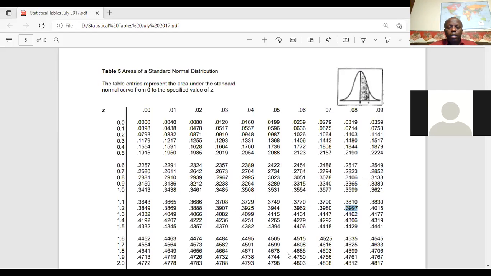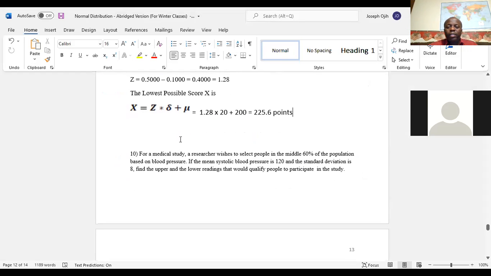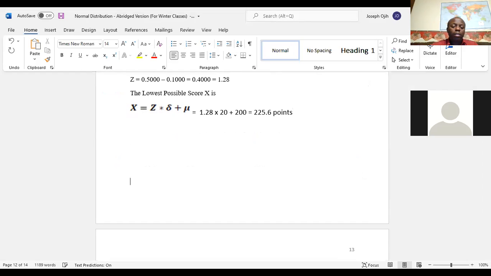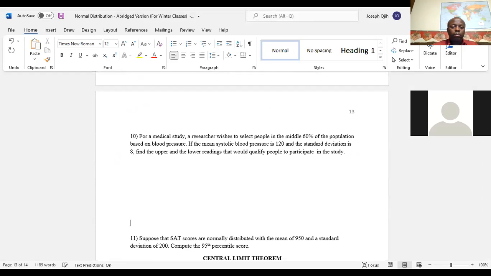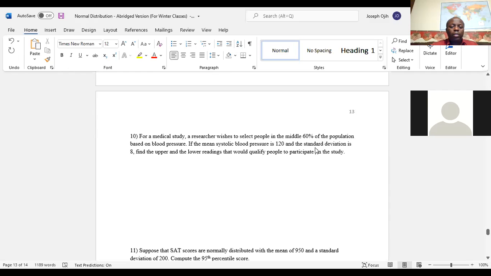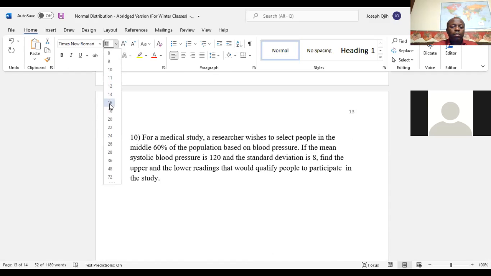Now look at the second example, because I can ask you in different forms. It says here, for a medical study, a researcher wishes to select people in the middle 60% of the population based on the blood pressure.